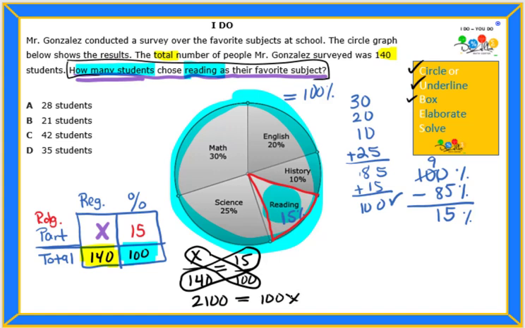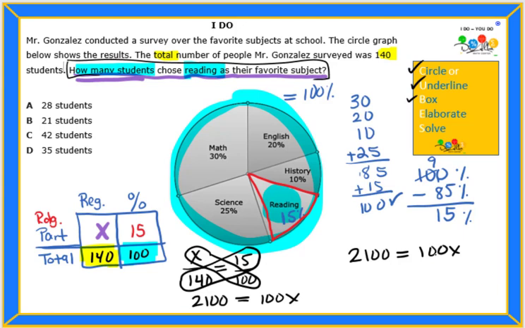So now we have a one-step equation: 2,100 is equal to 100x. Remember, when we are solving an equation, we want the x to be isolated, to be alone. But here it's not alone. It has a coefficient of 100.